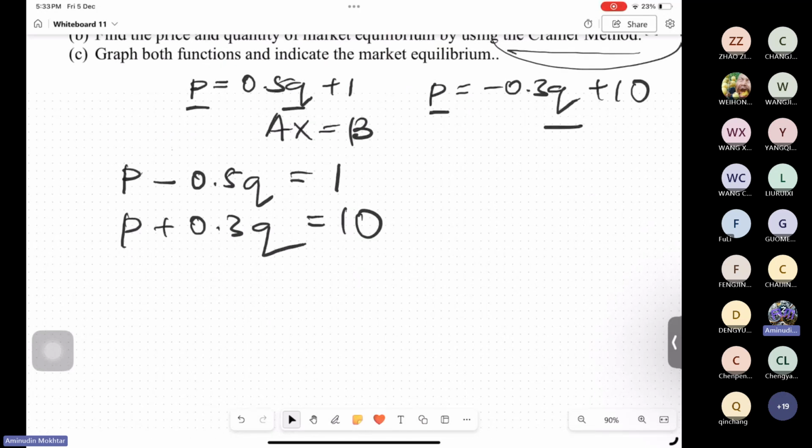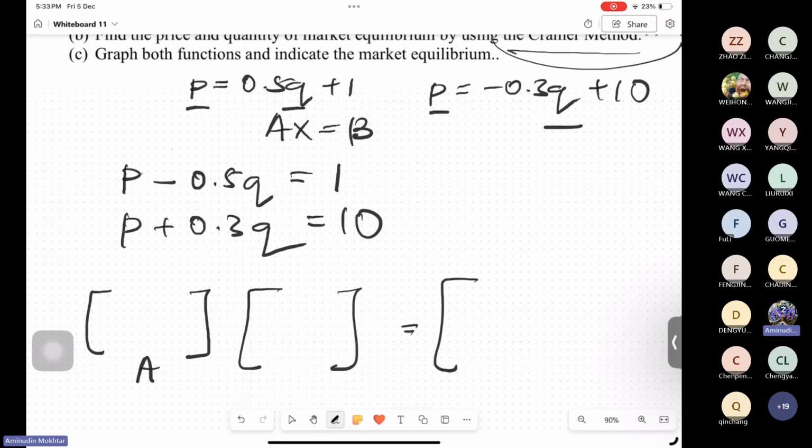From this we can set up A. The number of rows in A equals the number of equations. We have two equations, so A has two rows. The number of columns refers to the number of variables.